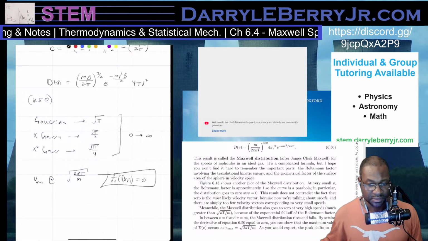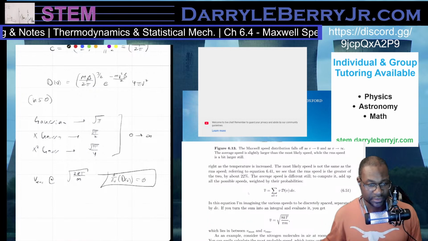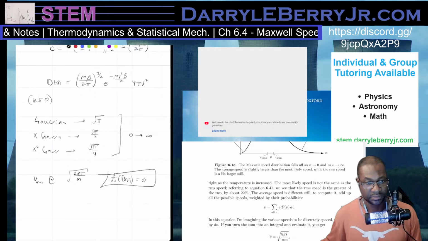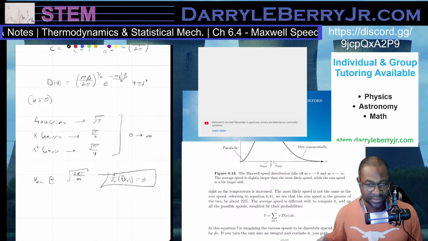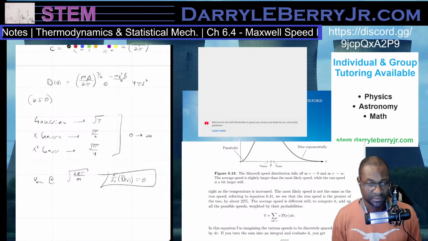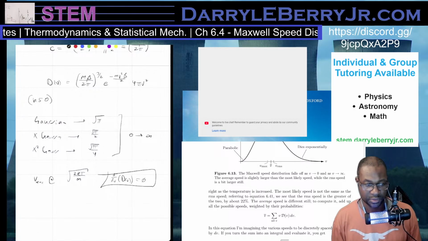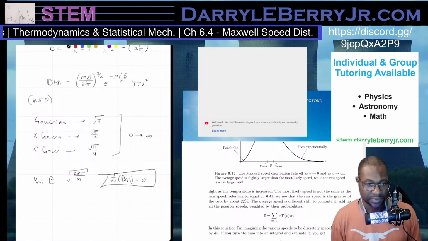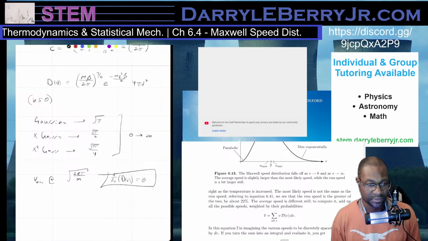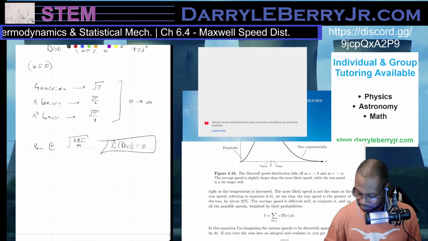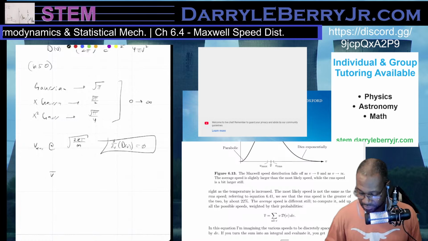Right? As you'd expect, the peak shifts to the right as temperature increases. Makes sense? The most likely speed is not the same as the RMS speed. Referring to equation 6.41, we see that the RMS speed is the greater of the two, by about 22%. The average speed is different still. To compute it, add up all possible speeds, weighted by their probabilities. I remember the day the professor went over this in class.